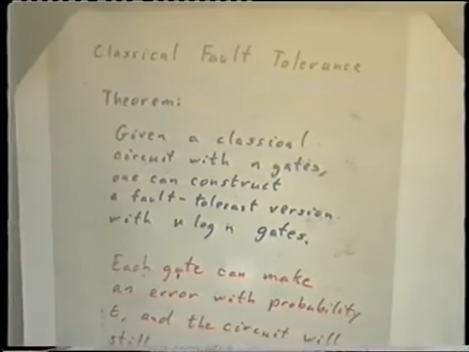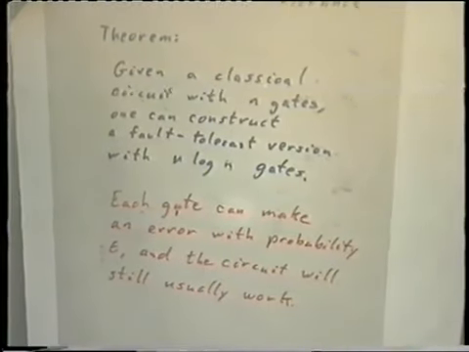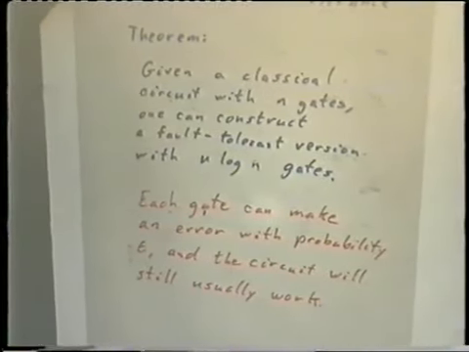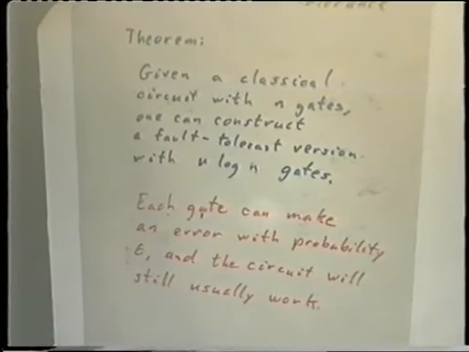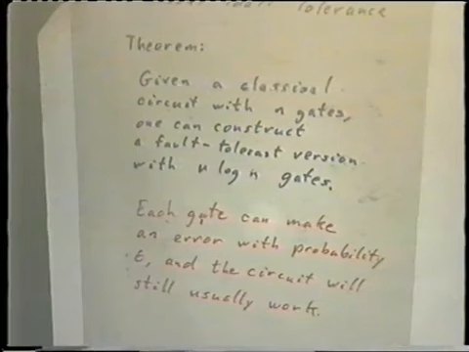And von Neumann didn't foresee this outcome, so he proved this theorem about fault tolerance that says if you have a classical circuit with n gates, you can construct a fault-tolerant version with order of n log n gates, and each gate can make an error with probability epsilon for sufficiently small epsilon, and the circuit will still usually work.